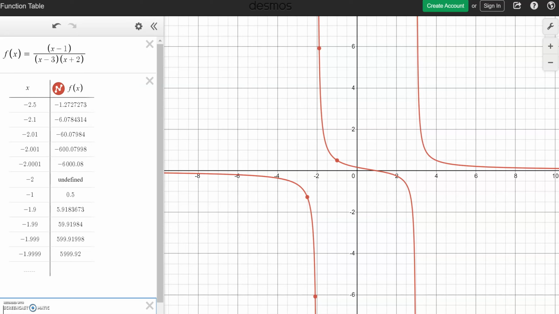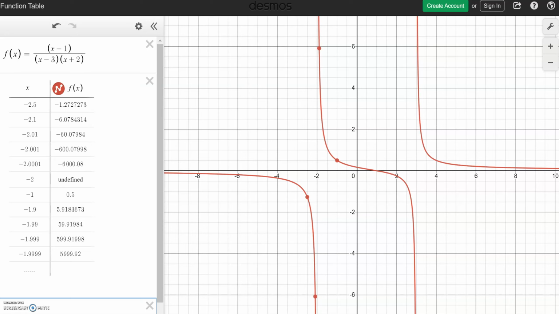So why is this occurring, and what does that mean? One thing to think about is why specifically at -2 and 3, what's significant about those values? Well, if I look at my equation here, I have x minus 3 in the denominator, and I have x plus 2 in the denominator. If I set x minus 3 equal to 0, I would get x equals 3.